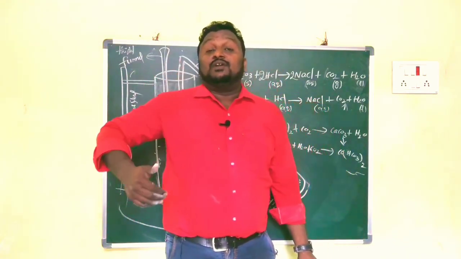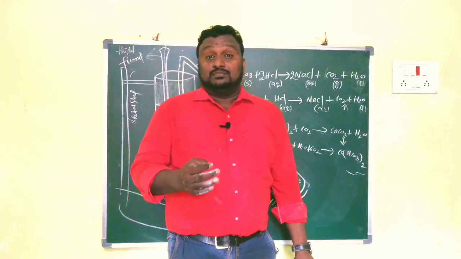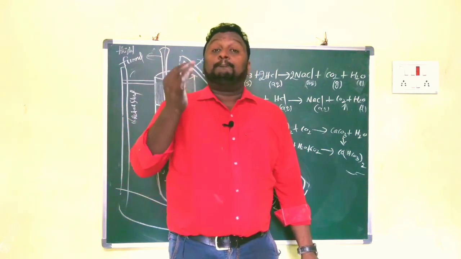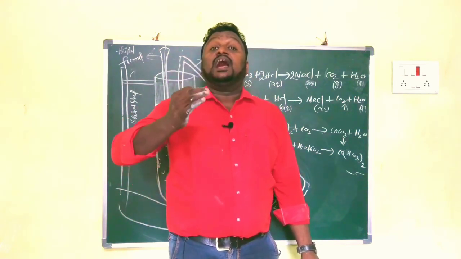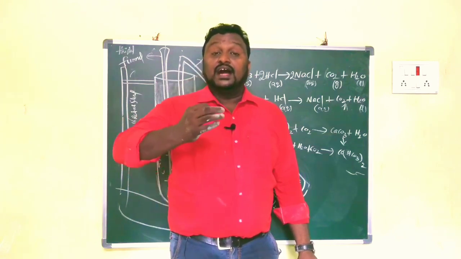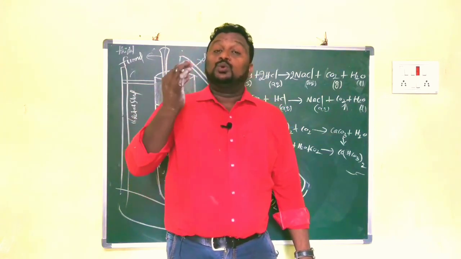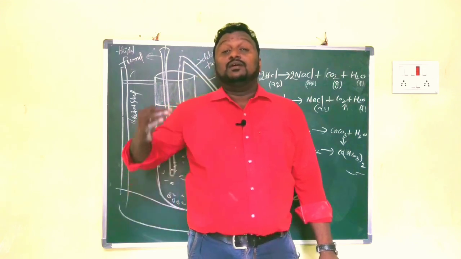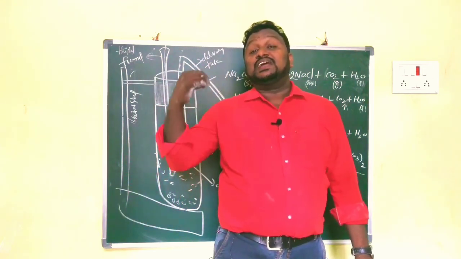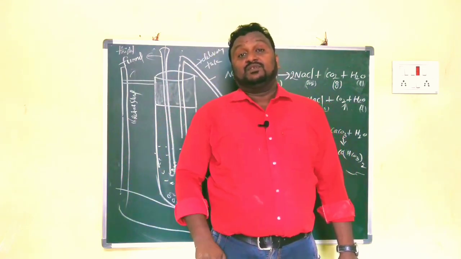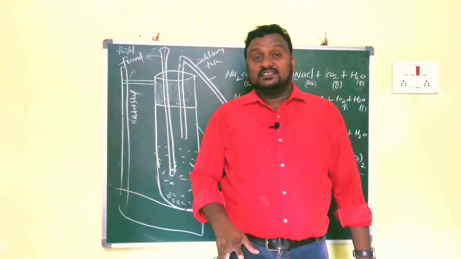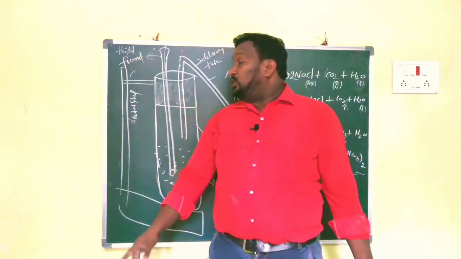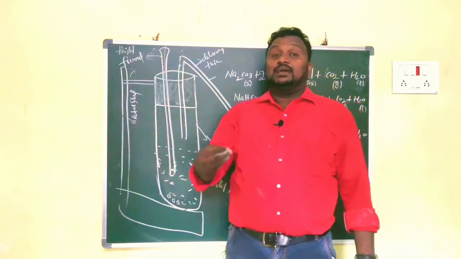And the third one, write the apparatus required to do the activity between acids and metal carbonates and metal hydrogen carbonates. What are the apparatus required, he is asking. Then to explain that also, again you have to draw the diagram and label the parts.